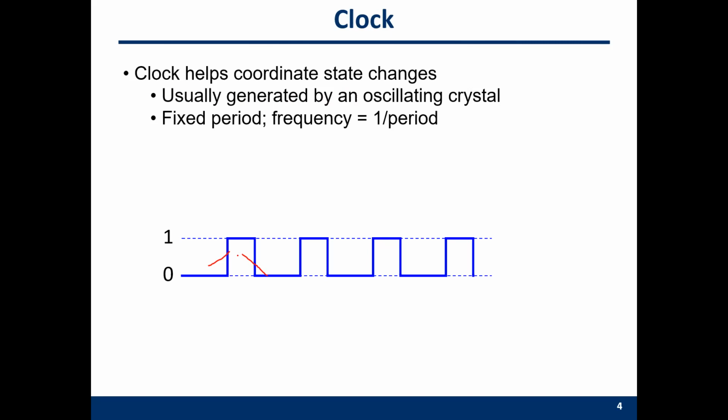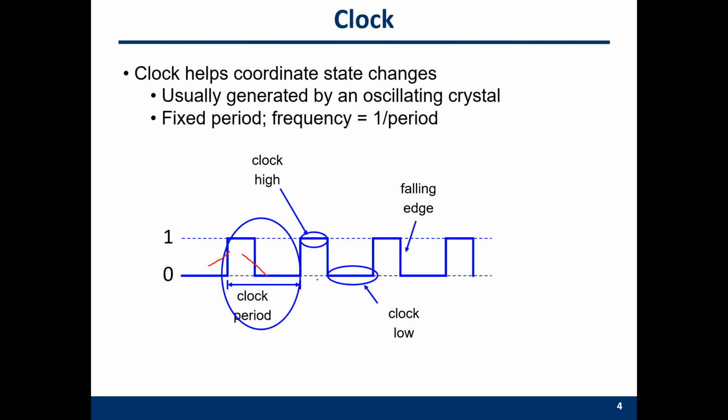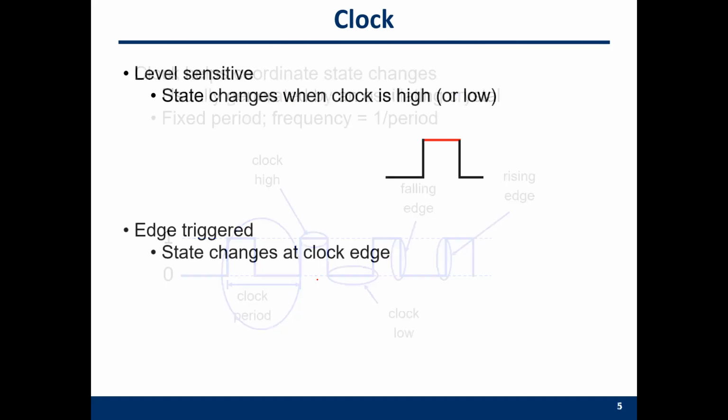Others may be triggered by the rising edge or the falling edge. This is one clock period, with half a cycle high and half a cycle low. This is clock high, this is clock low. This is a falling edge. This is a rising edge.